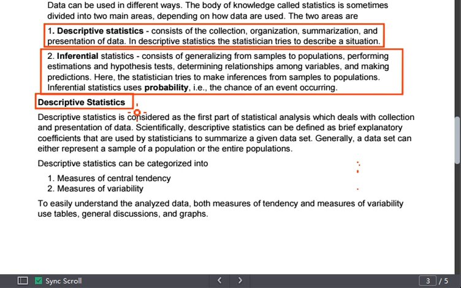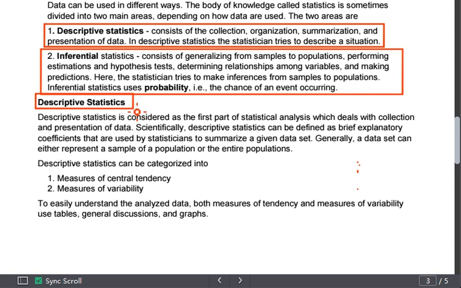So descriptive statistics can be categorized into two measurements. First we have the measure of central tendency and measure of variability. Ano nga ba itong dalawang ito? So for you to easily understand and analyze data, both measures of central tendency and variability use tables and general discussions.